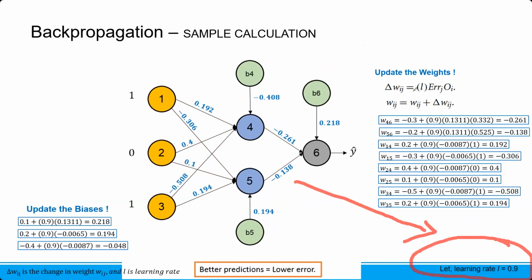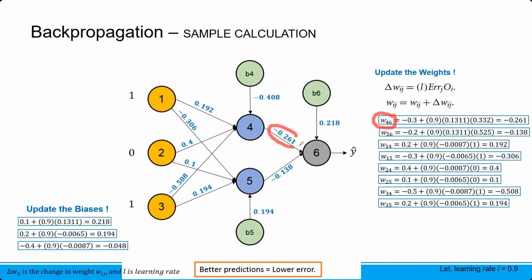So we have the delta Wij. It is the learning rate multiplied by the error multiplied by the Oi, in order to update the weight. Now let's see the weight for 4 to 6. It will be the current weight.